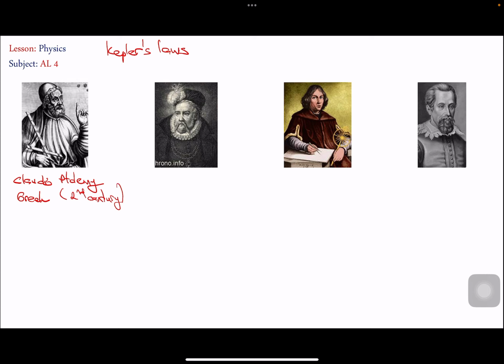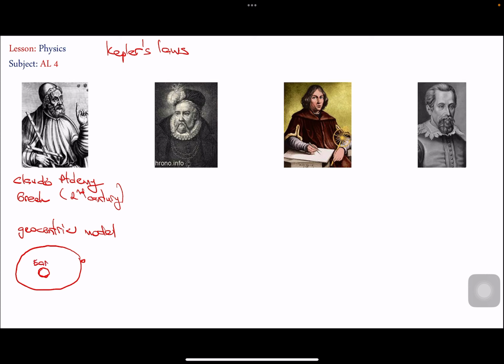His idea was that every planet, the moon and the other stars are rotating around the Earth. So his theory or model is called the geocentric model. I mean that the Earth is in the center, and the moon and other stars are rotating around it.